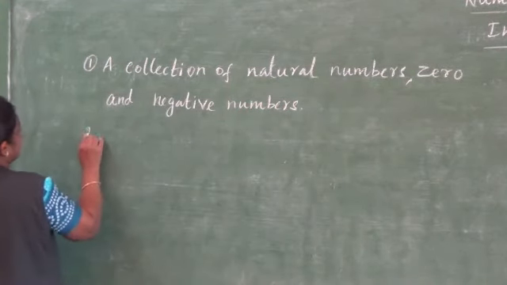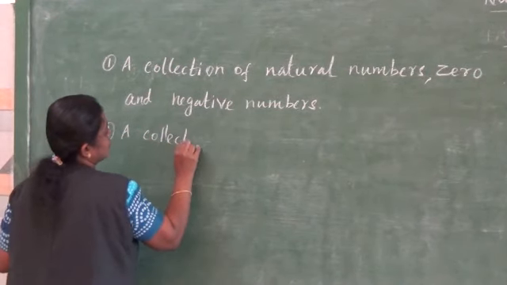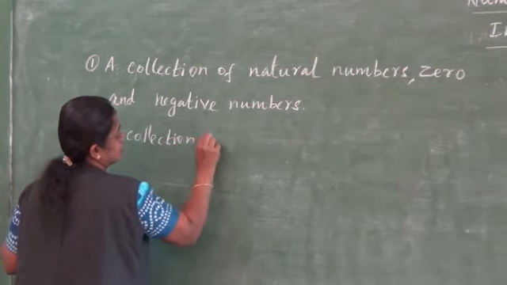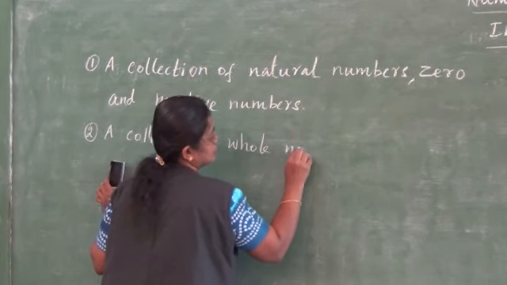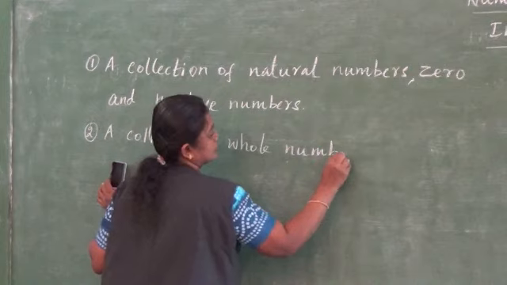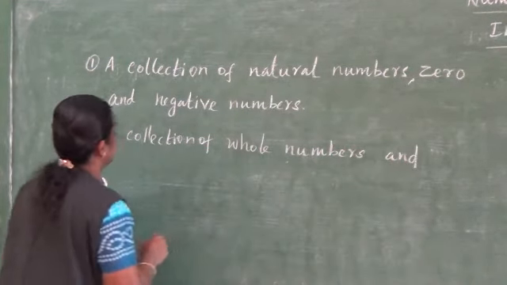The second way we can define a collection of whole numbers and negative numbers.